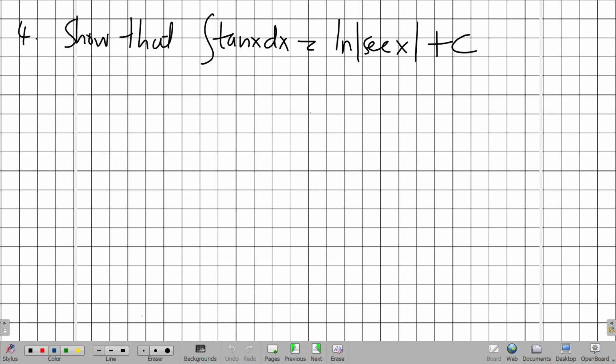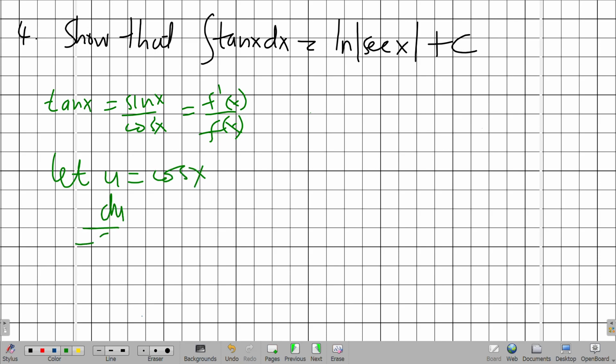However, what we know is tan x is equal to sine x over cos x, and that's exactly the same part. So this technique is very effective. So let us have u be equal to cos x. So du over minus sine x is equal to dx. I've just left one line that you should identify, because the derivative of cos is minus sine.